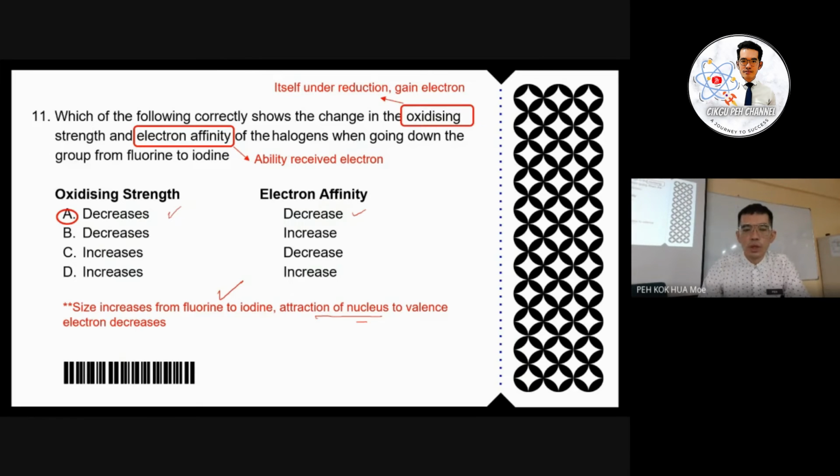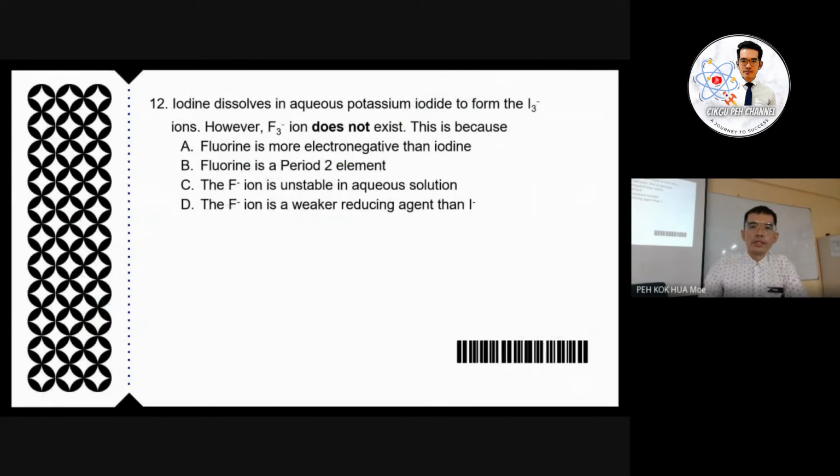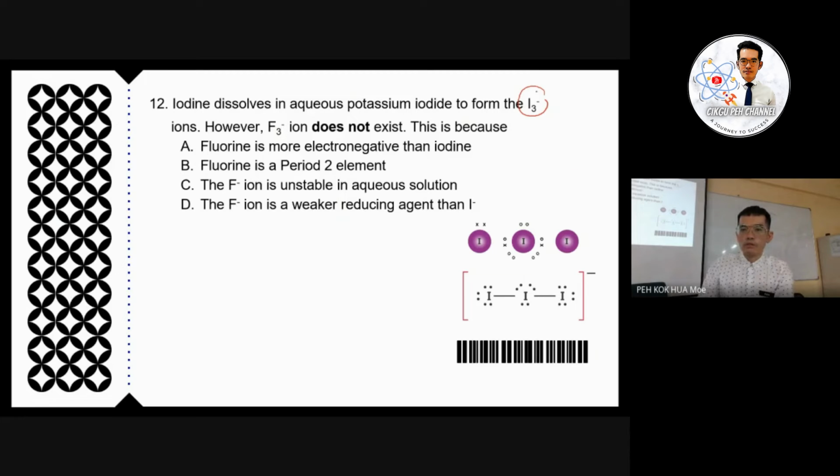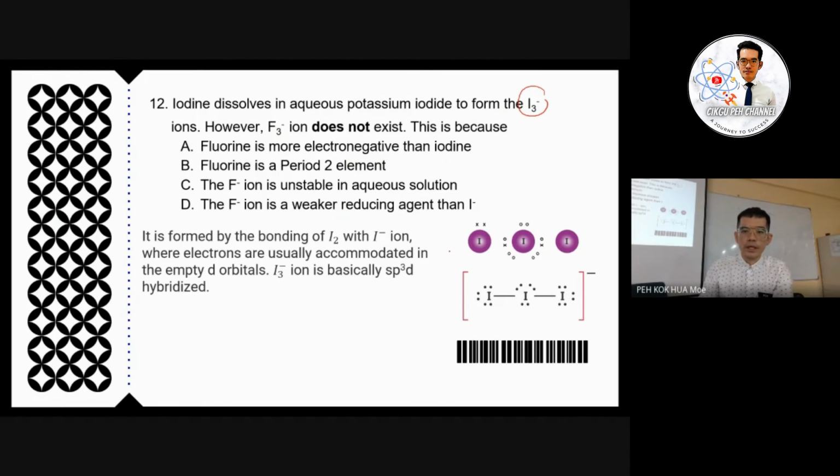For question 12, iodine dissolves in aqueous potassium iodide to form I3- ion. However, F3- ion does not exist. So why? Okay, so for formation of the I3-, this is the structure.